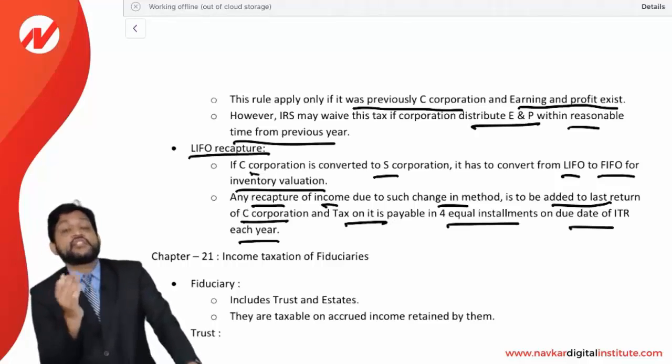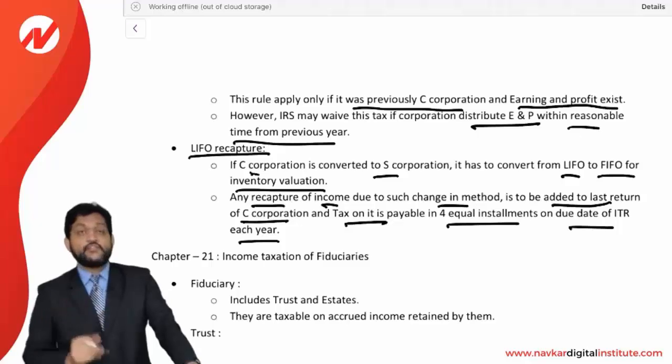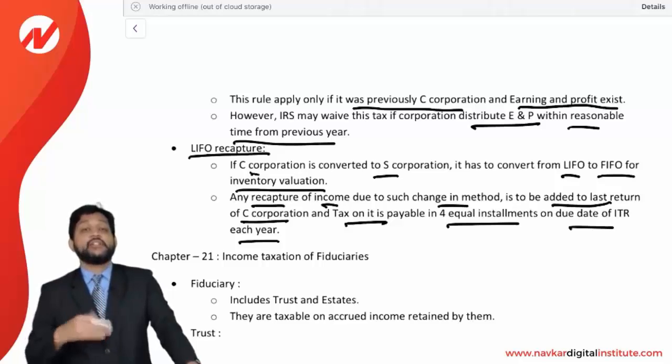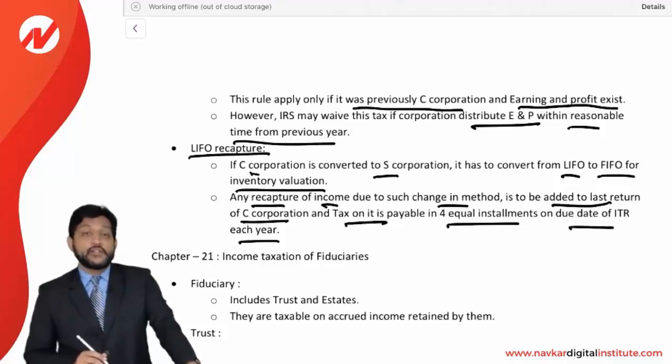So for the next four years the tax will be divided and paid on each due date by the corporation. Now it is converted to an S corporation, but it will be a liability of the C corporation. So just consider it very carefully. These are the LIFO recapture rules: the adjustment is included in the last return of the C corporation, and the tax is payable within four years in installments. So this is the theory for Chapter 20, S corporation distribution.